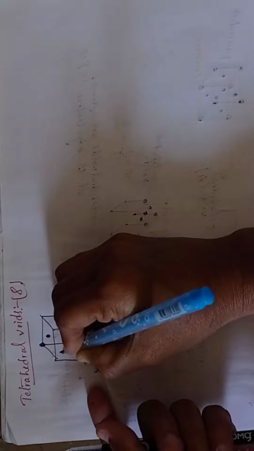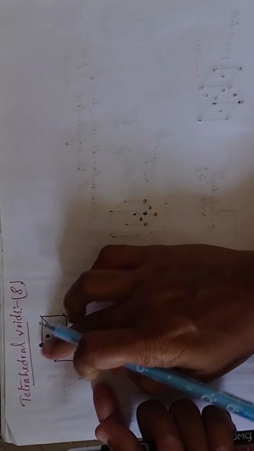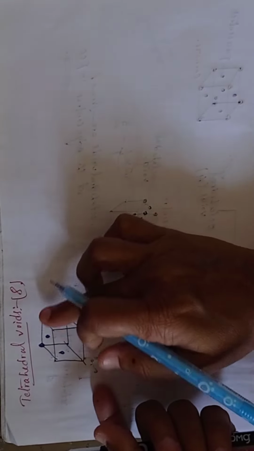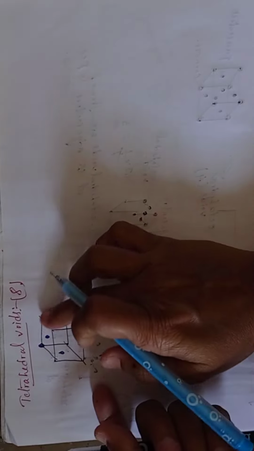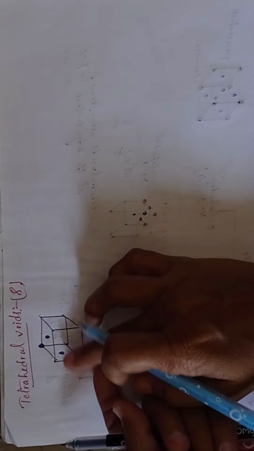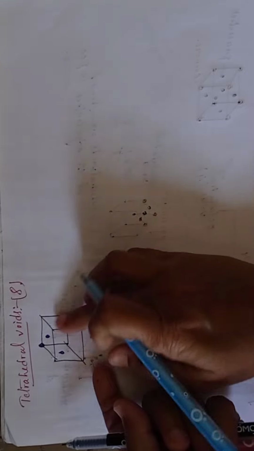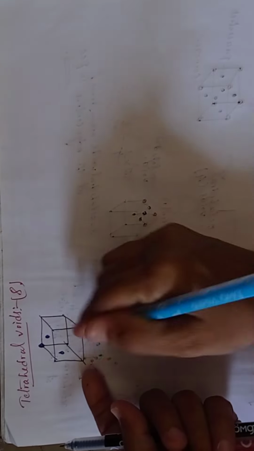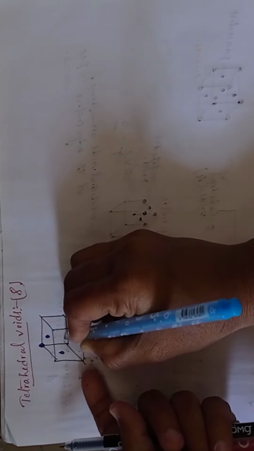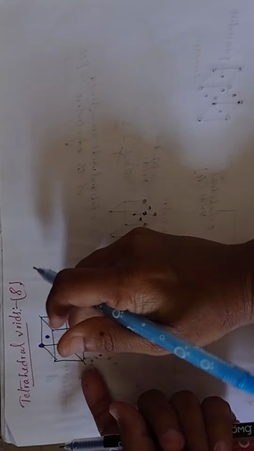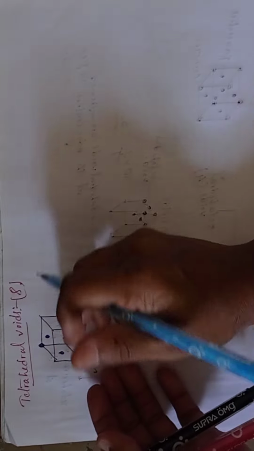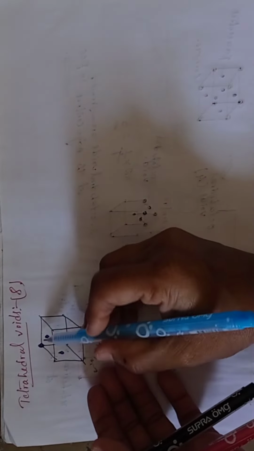Okay, this is the left face center, here one particle, and this is the front face center. This is the back face. Now I am taking the back face center. Understanding? So back face center I am taking. Clear this one. Back face center. This is the back face.